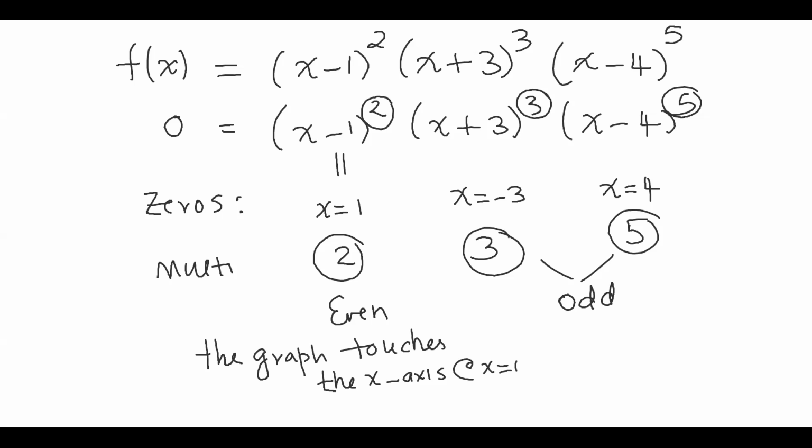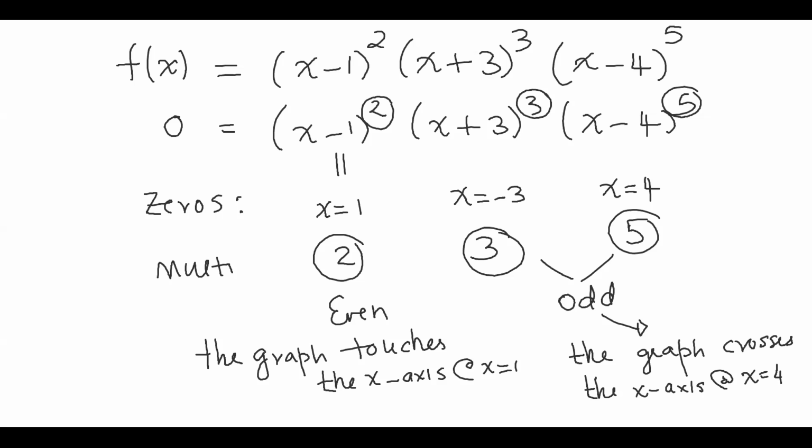If it is odd, this means that the graph crosses the x-axis. I will show you some examples. The graph crosses the x-axis at these points, which are x equal to 4 and x equals -3.